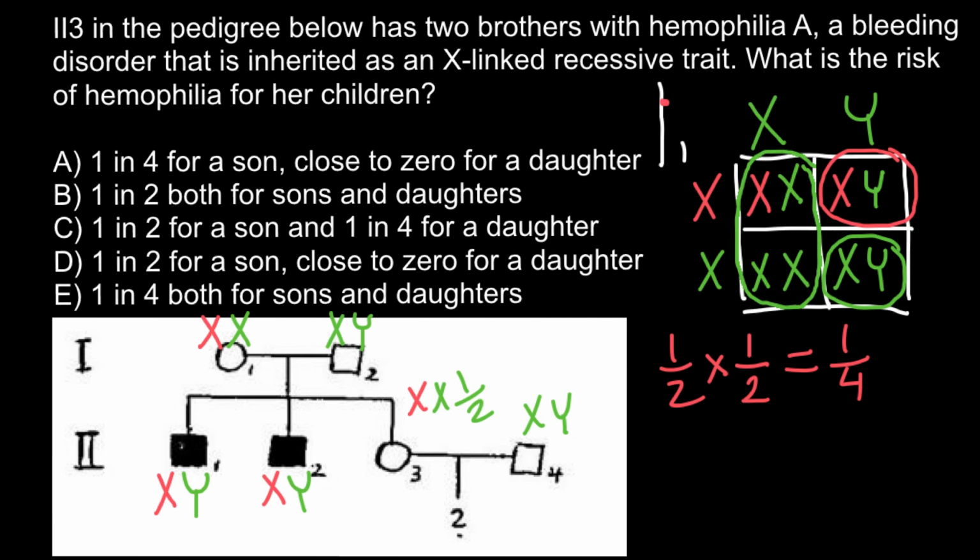So as you see, the correct answer would be answer A: 1 in 4 sons we expect to be affected, and close to 0 for daughters. Why do we use the word close?